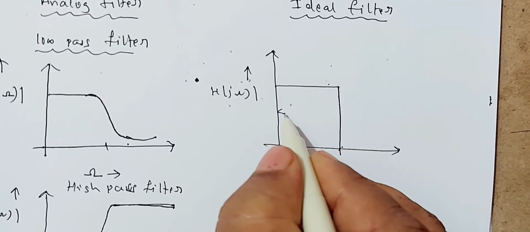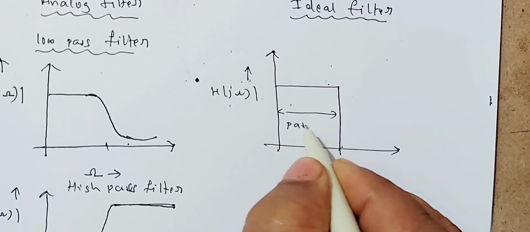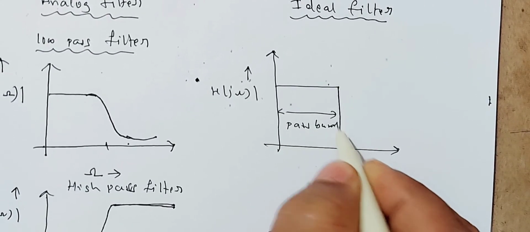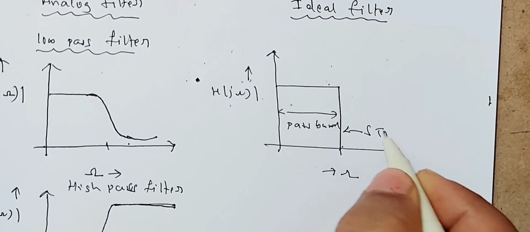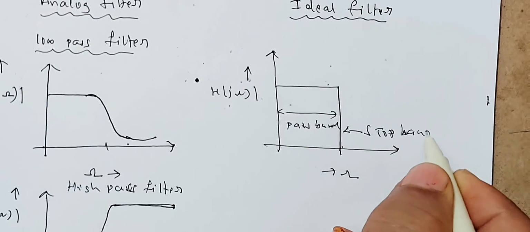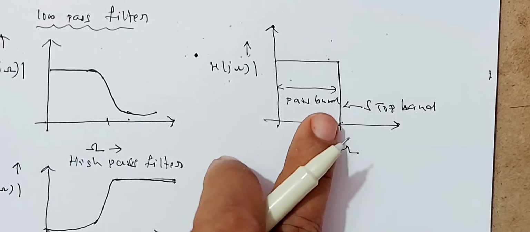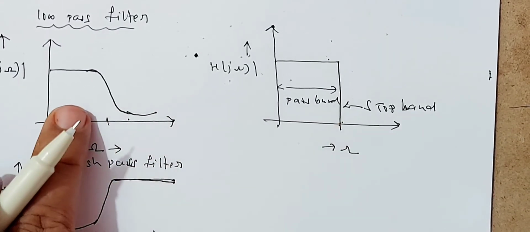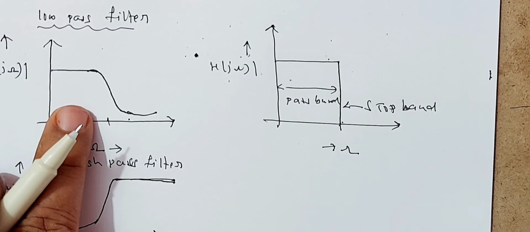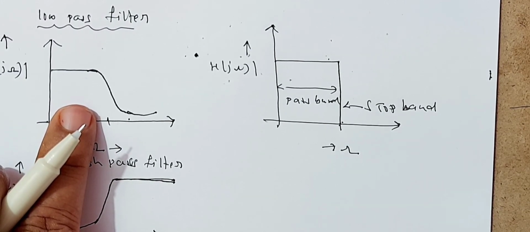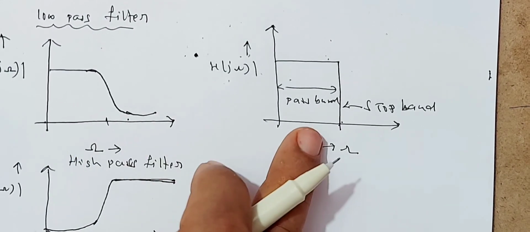So this is called the pass band. This is the stop band. This is the ideal filter. This is the expected one. This is the actual behavior of the filter. So the actual behavior of the filter is the analog filter. The expected behavior of the filter is called the ideal filter.